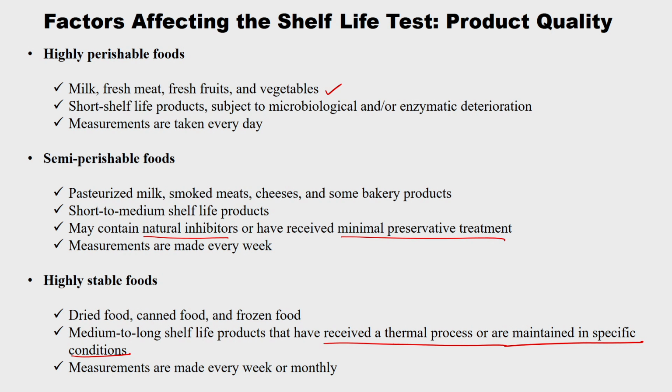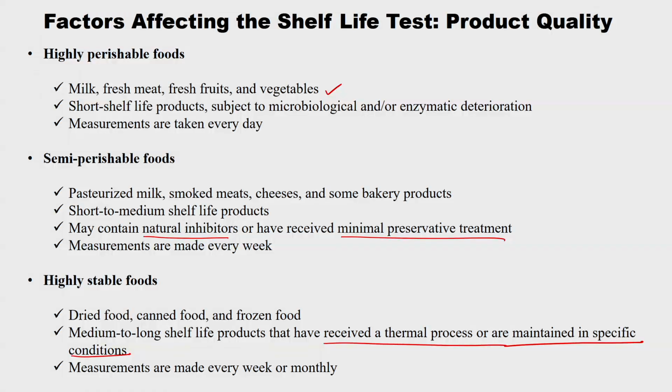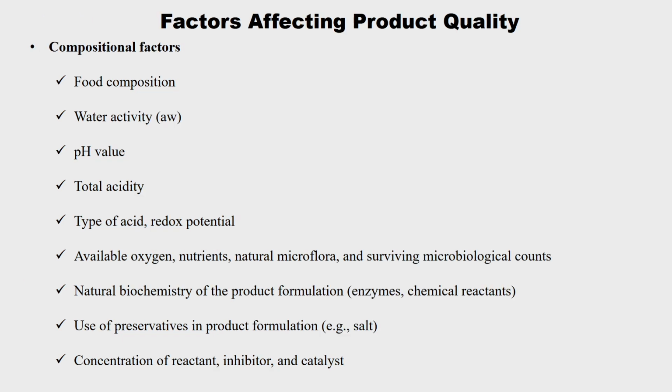So, after sterilization, even the sterilized milk, we have seen UHT milk and all, can stay up to 6 months, right, even in ambient conditions. So, they are medium to long shelf life products and they have received a proper thermal process or are maintained in specific conditions. The measurements have to be taken every week or sometimes on a monthly basis as well.